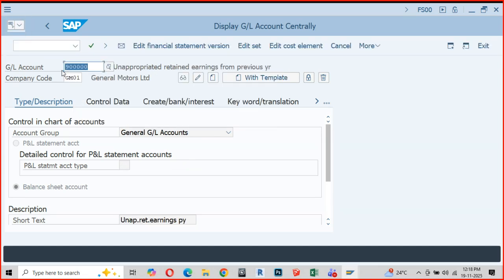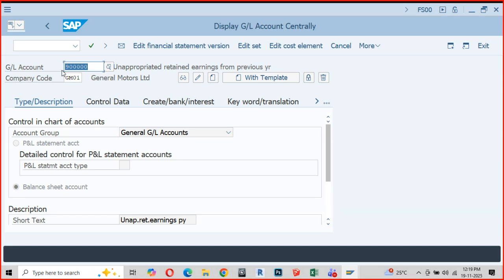See? So why I brought you into this specific screen is this 9 lakh, which is referred to as the retained earnings account. That also is nothing but a general ledger account created by the consultant in the operational chart of accounts.